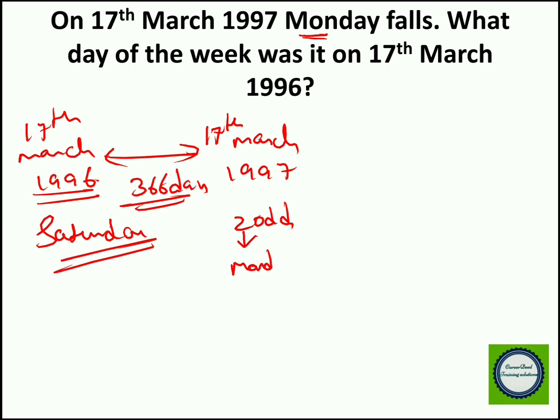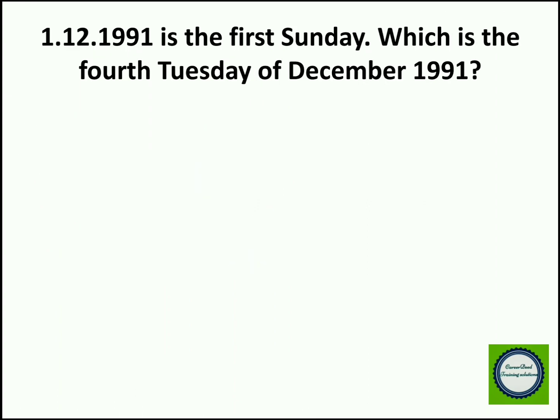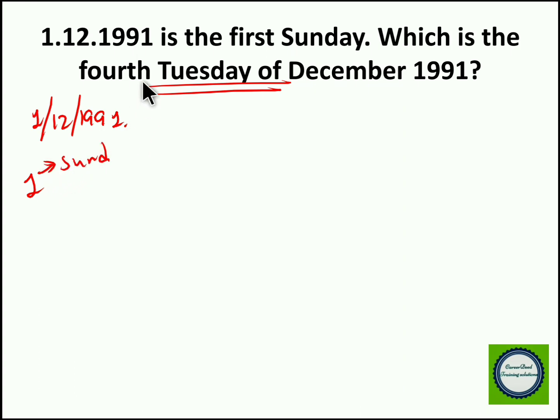So you can expect this type of question also in competitive examinations. Now moving to the next question. 1/12/1991 is the first Sunday. What is the 4th Tuesday of December 1991? If the first day of December 1991 is Sunday, you have to find the 4th Tuesday.